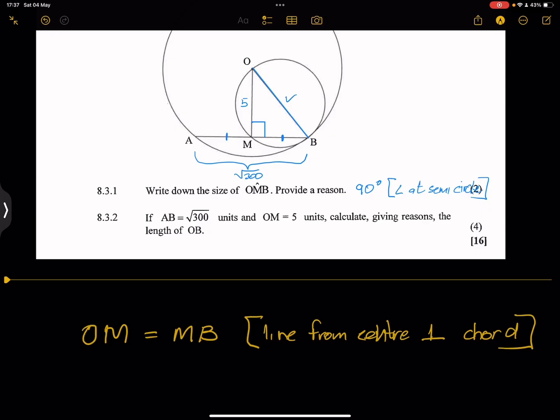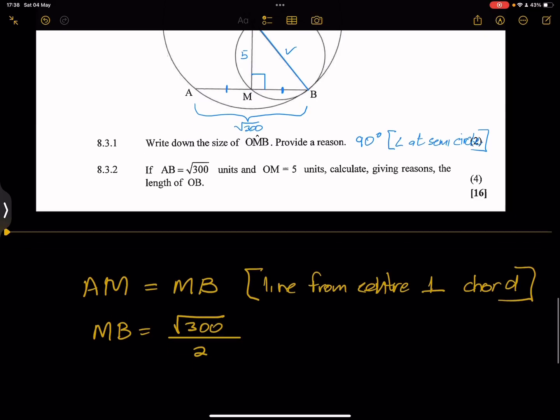So it makes that AM is equal to, I said OM rather, and this was supposed to be AM equal to MB, right? So therefore, if they are equal and AB is square root of 300, then it means that MB will be equal to square root of 300 divided by 2. Okay, so that means that we are going to divide that entire chord AB by 2.